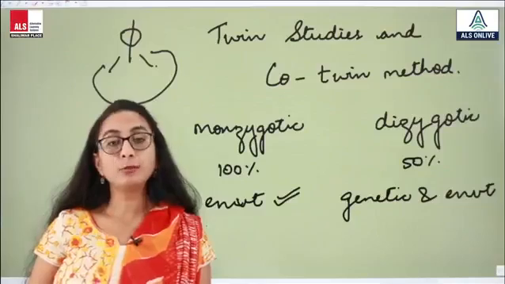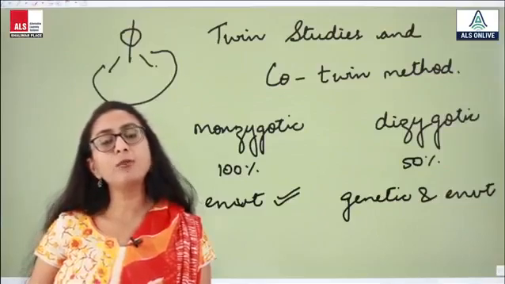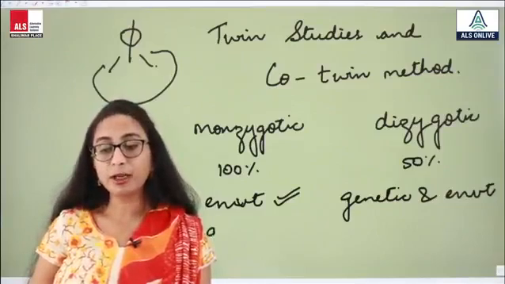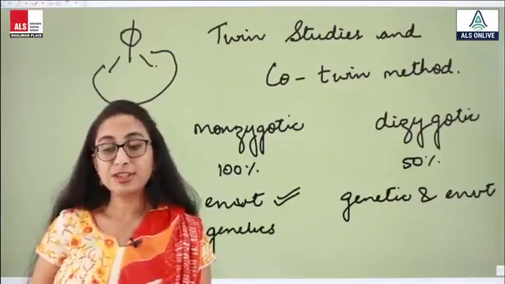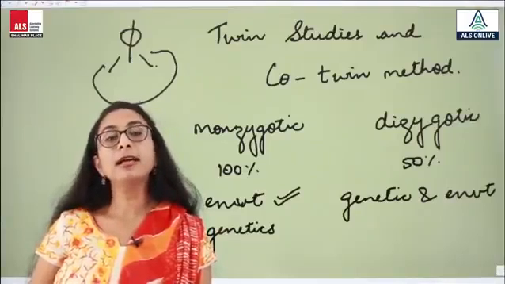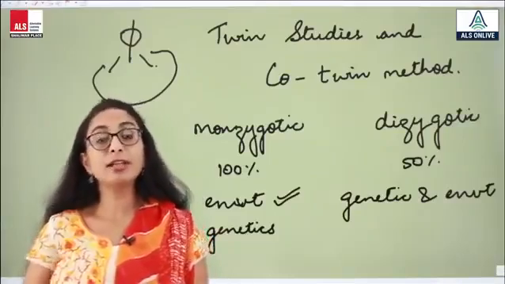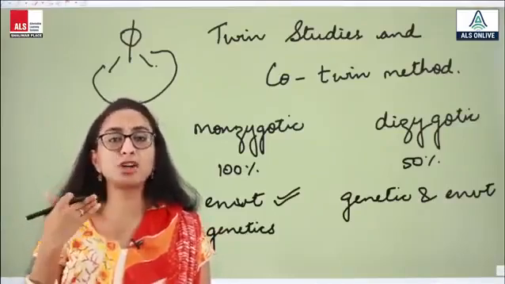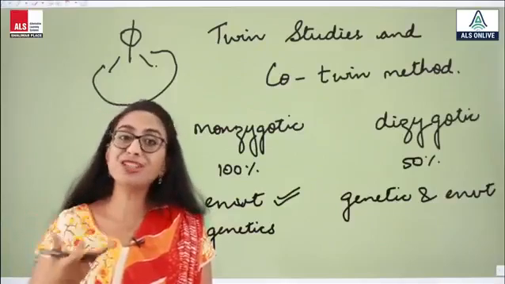So when there are monozygotic twins who are sharing most of the traits, they have a similarity in the traits, then we attribute that to the genetics, because they are sharing around 100% of their genes, right? Under monozygotic condition, the twins are sharing 100% of the genes. So when there is a very high similarity in the characters or traits, then we can say it is because of the genetics.